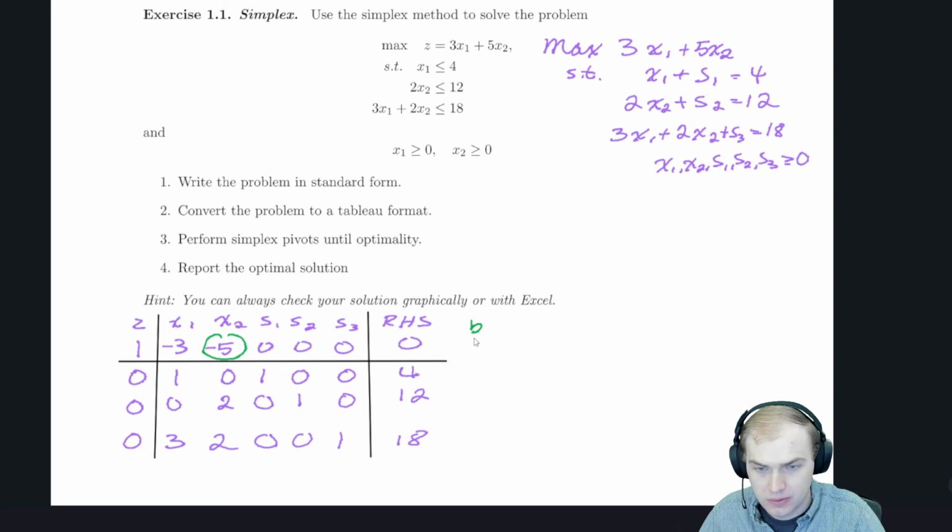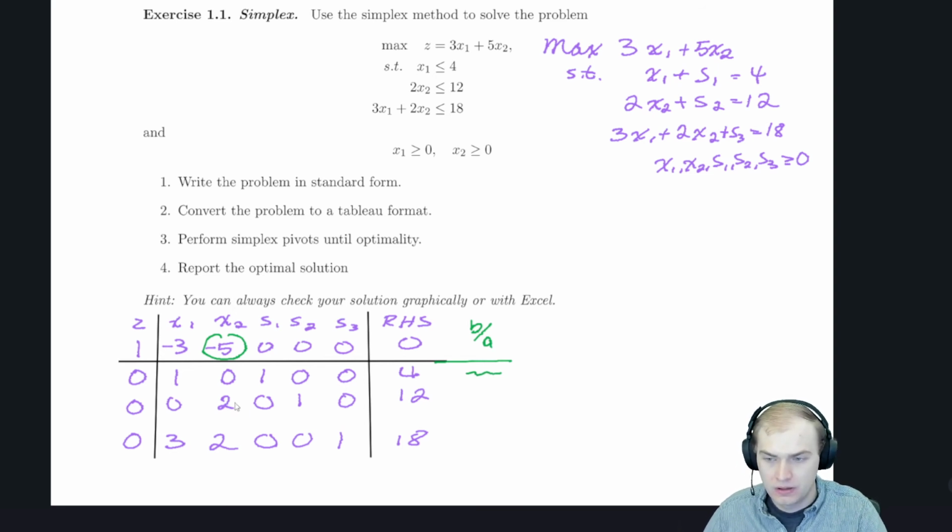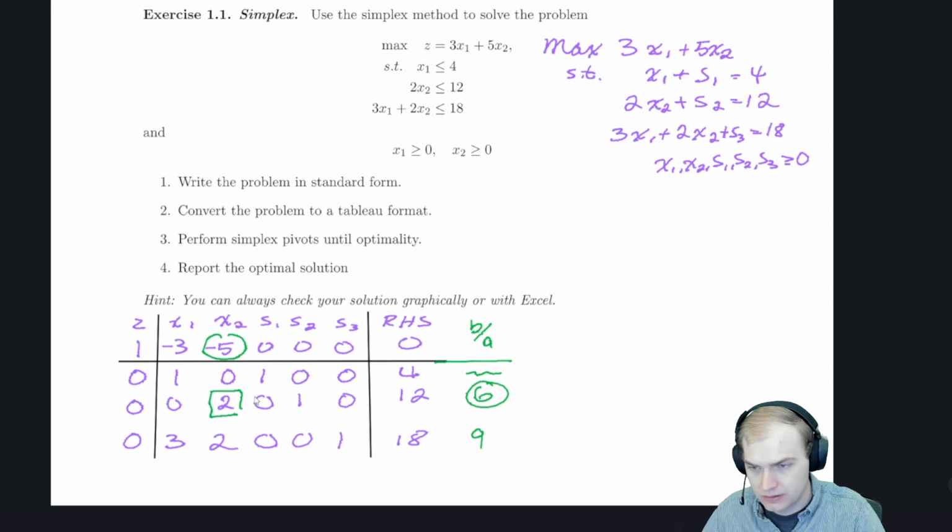And then our b over a is 4 divided by 0. That's undefined. 12 divided by 2 is 6. 18 divided by 2 is 9. So we're going to pick 6, our smallest positive number, which means that we're pivoting about that point.